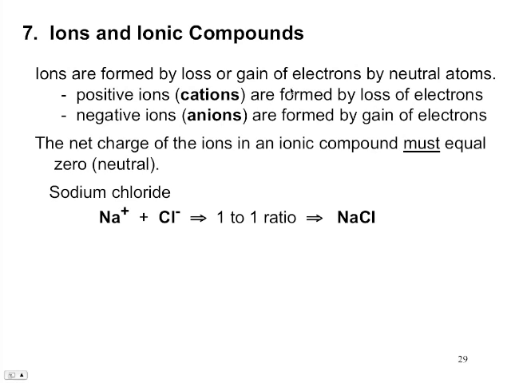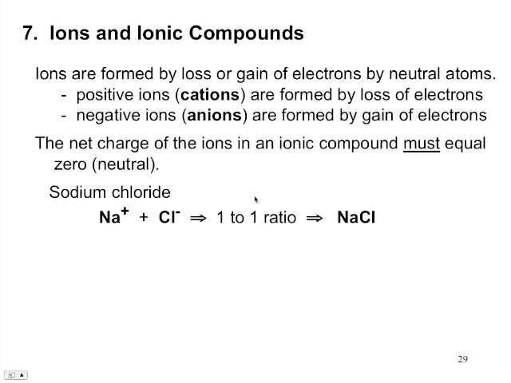So here's an example of an ionic compound. If you look at the formula NaCl, Na, sodium, is a metal, chlorine is a nonmetal. When a sodium atom combines with a chlorine atom, an electron is transferred from sodium to chlorine. Since the sodium atom loses an electron, it becomes a cation, a positively charged ion.